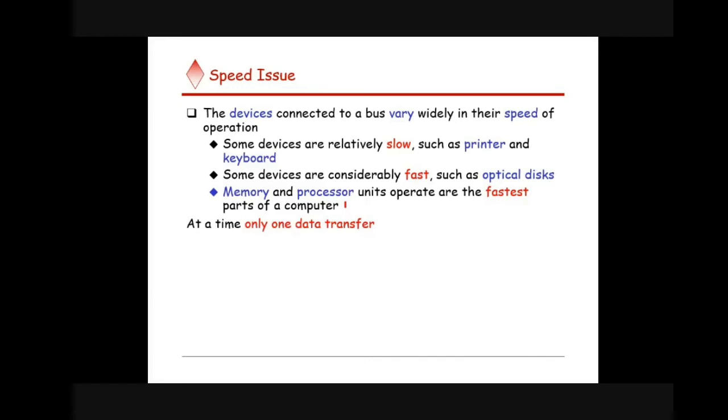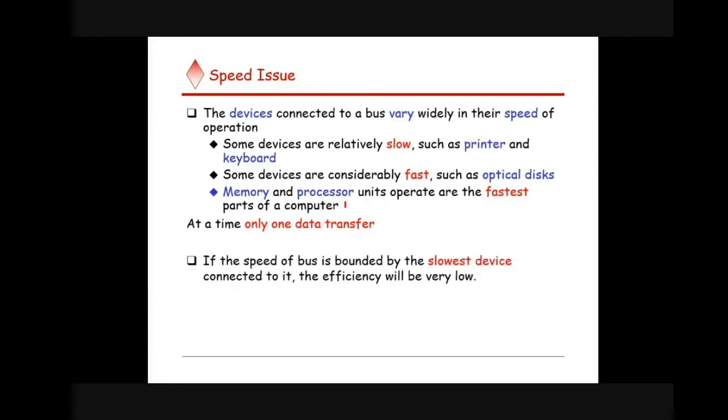And we know that at a time only one transfer happens through the bus. So the speed of the bus will depend on the slowest device connected to it. How can you solve this problem? You can use a separate buffer. There you read the input and store it in the buffer. Once the buffer is full, you can transfer the complete data through the bus.